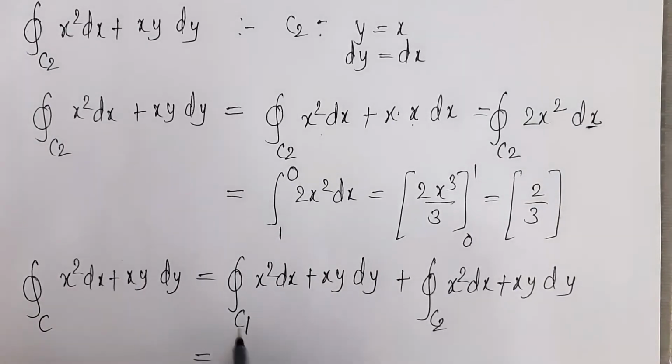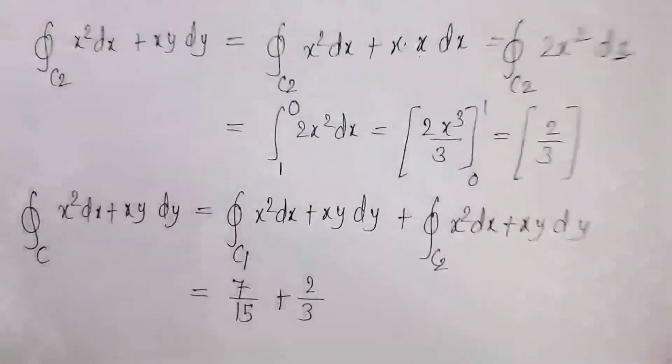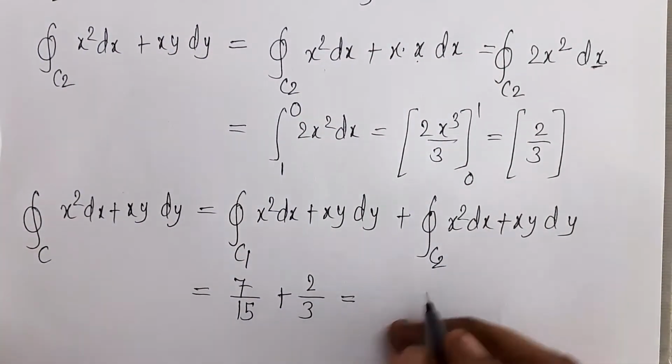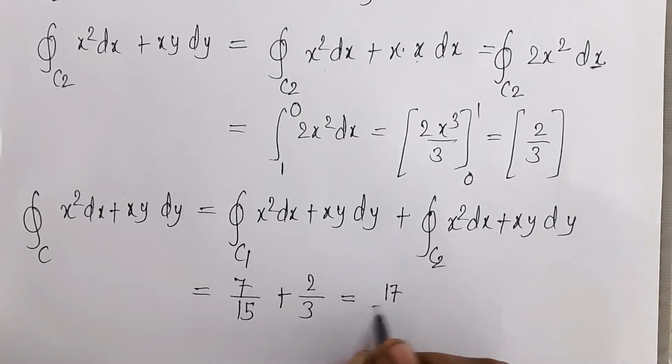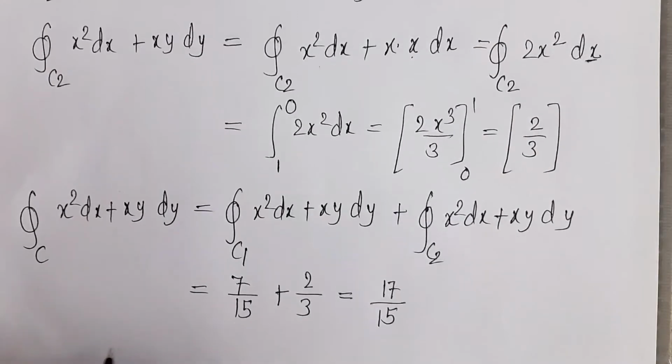Now adding both the terms, integral over C1 is 7 by 15 plus 2 by 3. So it is equal to 17 by 15. So this is our LHS. LHS answer is 17 by 15.